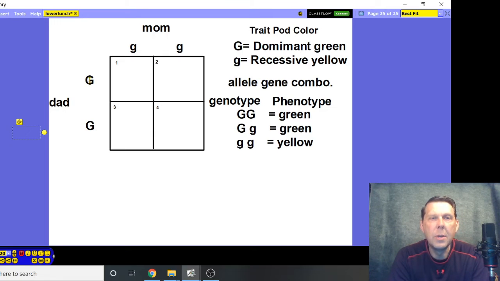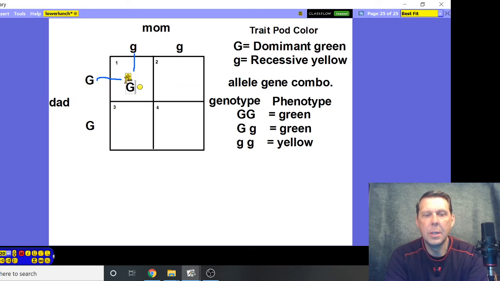So you get one allele from dad and one from mom. This one comes in here, this one comes down for this square. So for here, capital G, lowercase g.